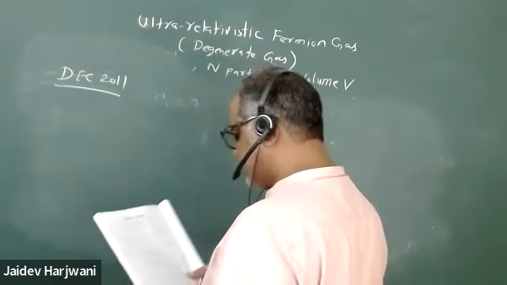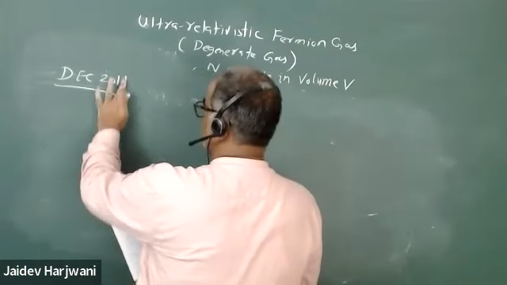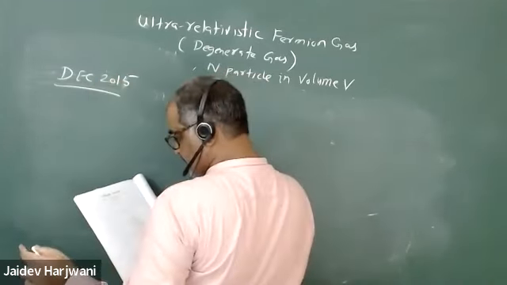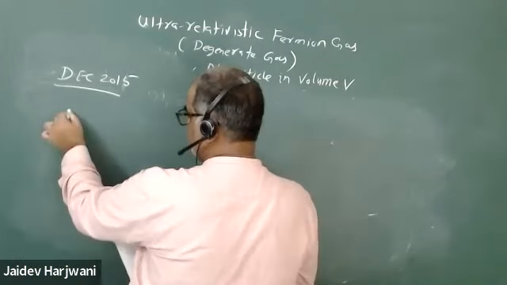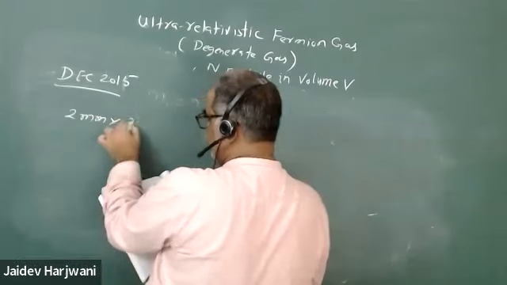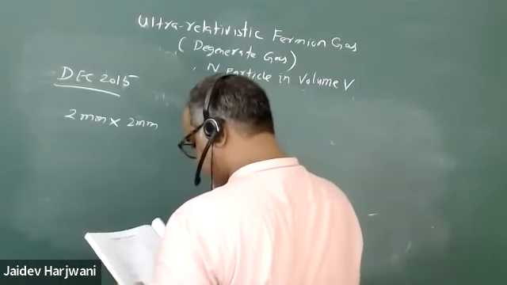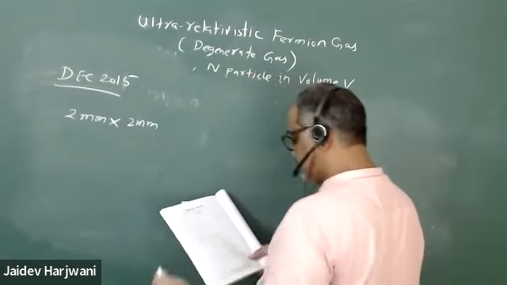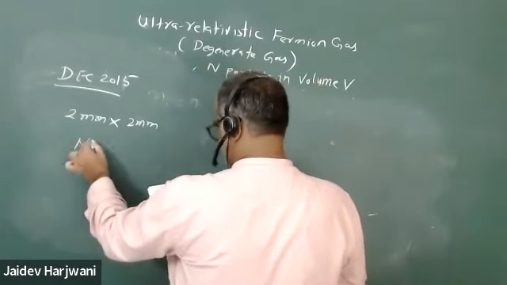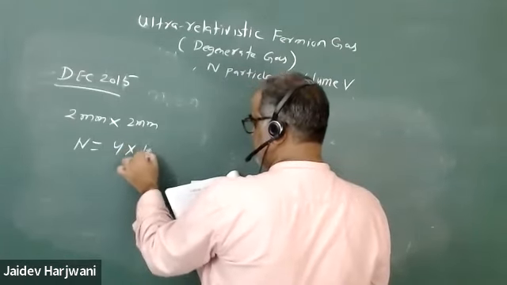Now a thin metal film of 2 dimensions. This question came in 2015. A thin metal film with dimension given as 2 mm into 2 mm contains n number of electrons, and they are given that it contains 4 times 10 to the power 12 electrons.